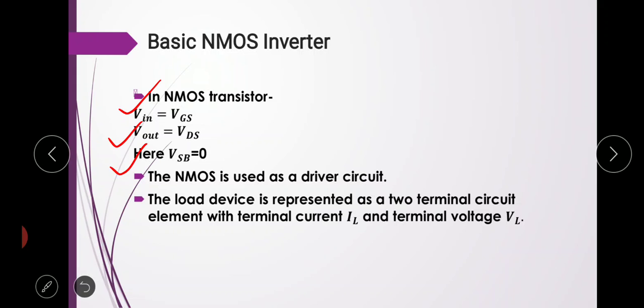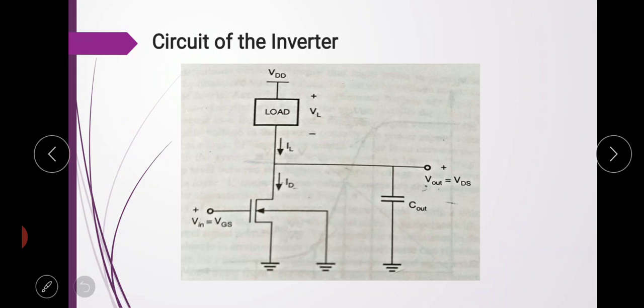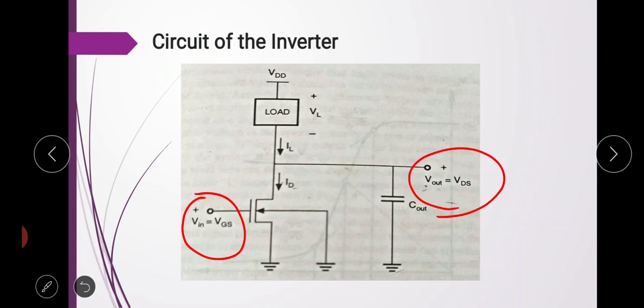Next is the load device, meaning the upper part. The upper part of the inverter acts as a load. This is the circuit diagram of the inverter. Here is the input, which is equal to the gate to source voltage, and here is the output, that is the drain to source voltage.